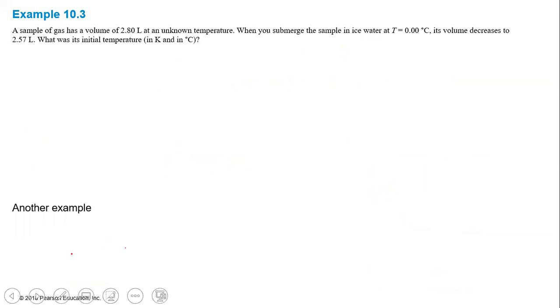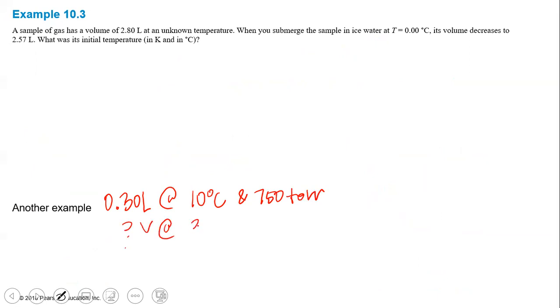It says a sample of carbon dioxide occupies 0.3 liters at 10 degrees Celsius and 750 torr. What volume will the gas have at 30 degrees Celsius and 750 torr?